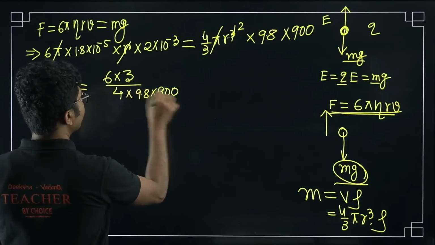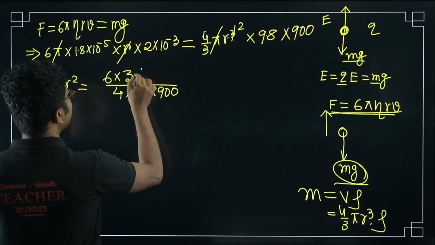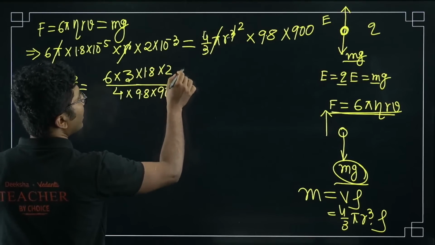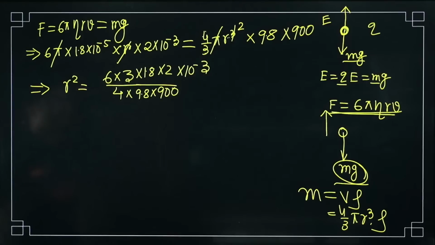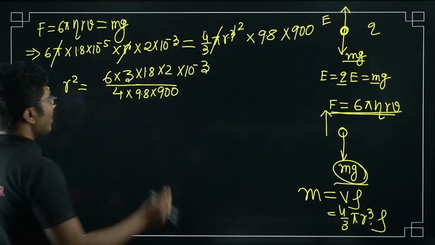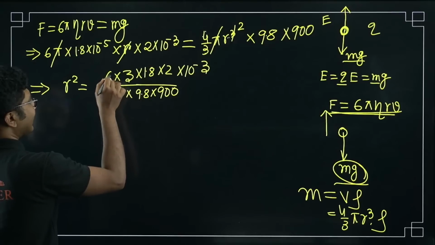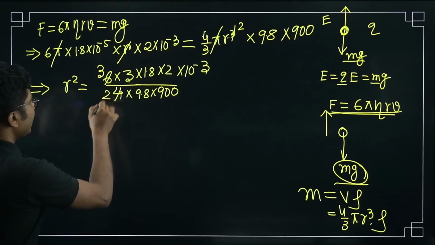Everything in the upper part goes down, and here we have 1.8 into 2 into 10 to the power of minus 3. From this equation you have to calculate the value of r. I think it should come out to be a perfect square number. I don't remember it. Let's see.